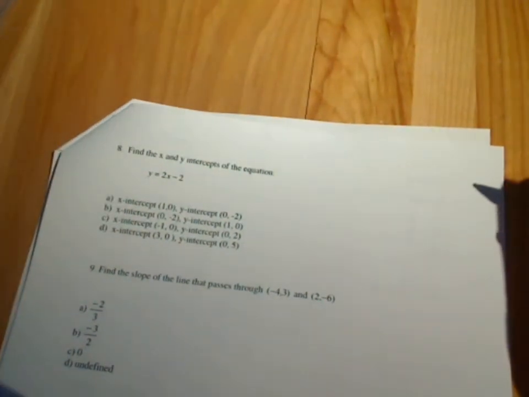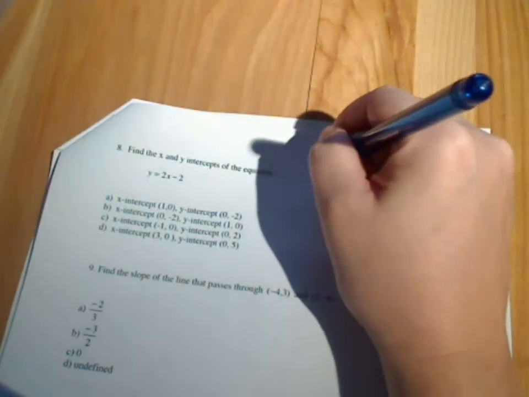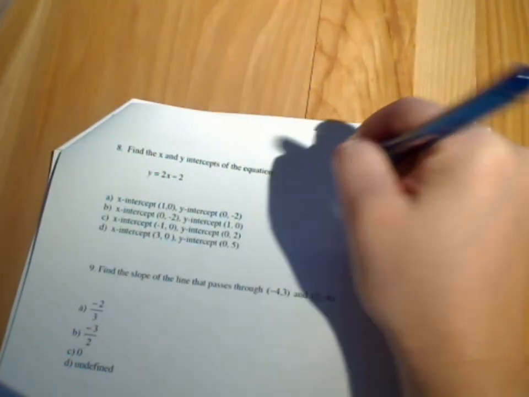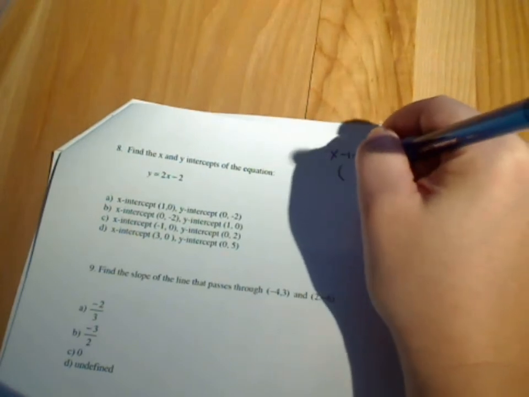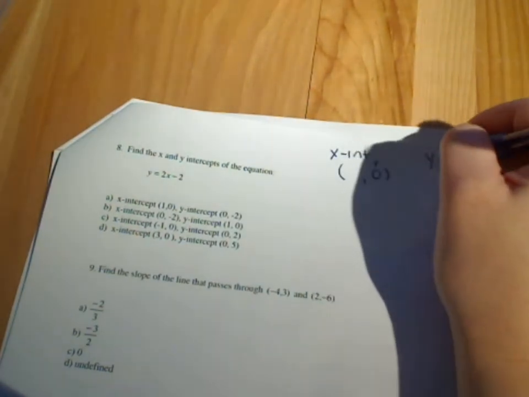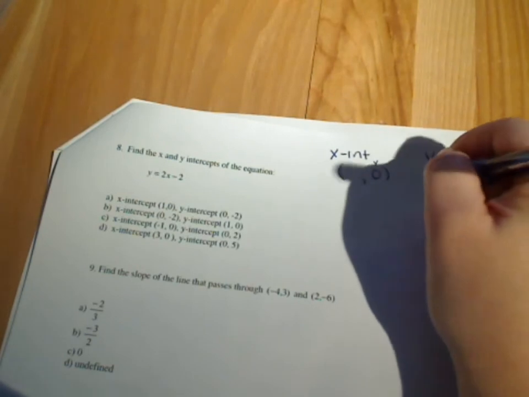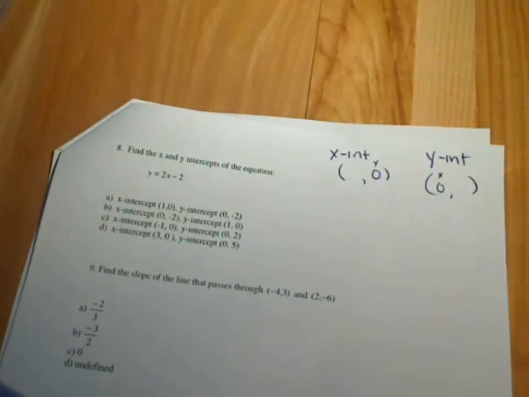Okay, on number 8, I'm looking for the X and Y intercepts. For the X-intercept, I want to plug in the Y to be 0, and for the Y-intercept, I want to plug in the X to be 0.